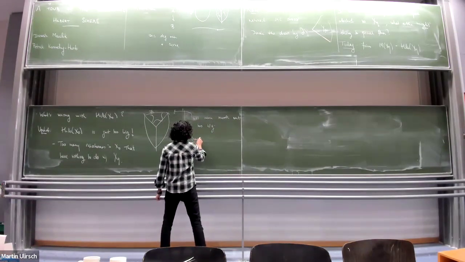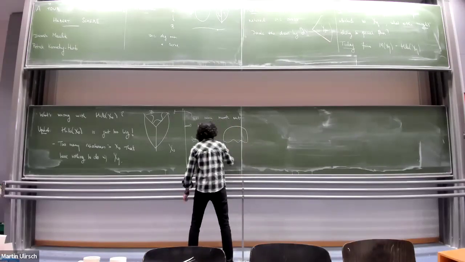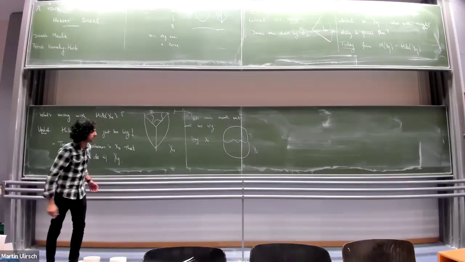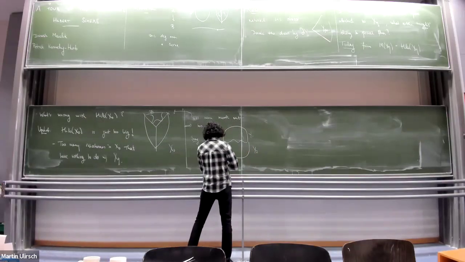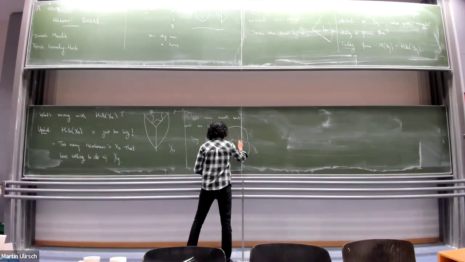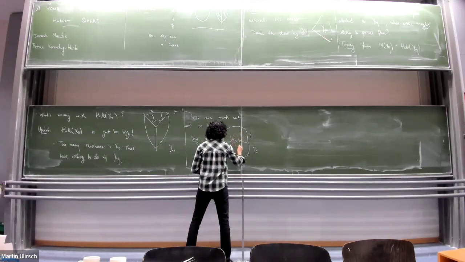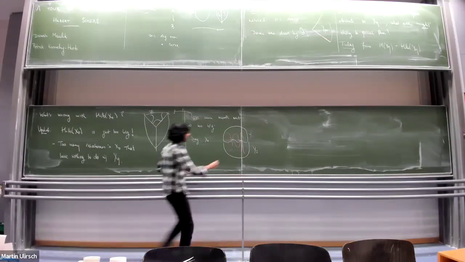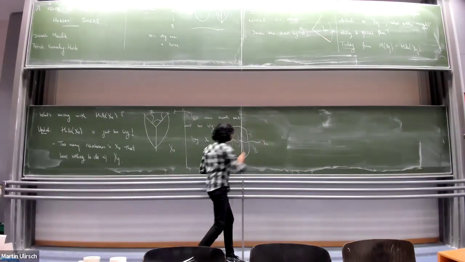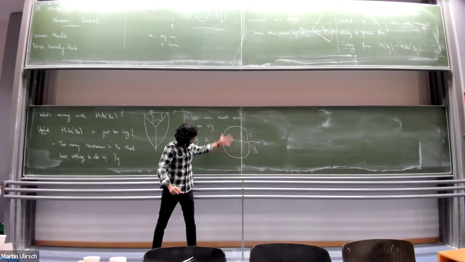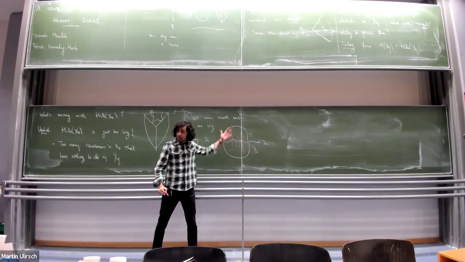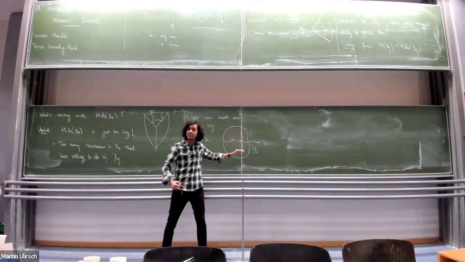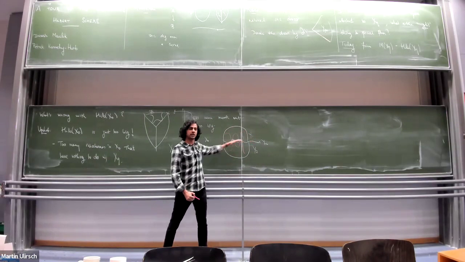So maybe just to say something slightly more precise, let's say our X naught, just to draw a simpler picture, just consisted of two components, Y1 and Y2, meeting transversely along something with dimension 1 in each. Then let's say I had a curve in each component. Then I can look at, maybe I'll call this Y12, a curve of this kind is only going to have a chance of smoothing out if the curve on each side induces the same subscheme on the intersection.